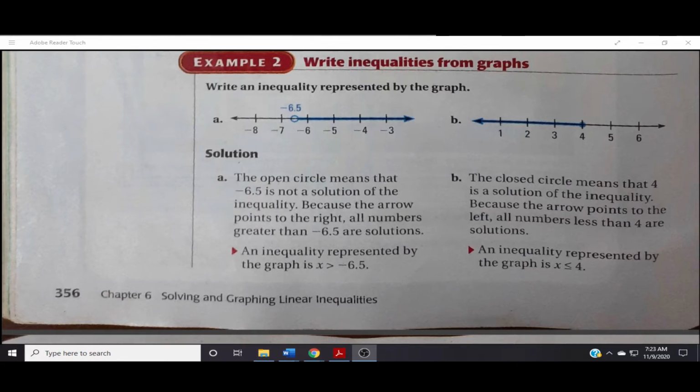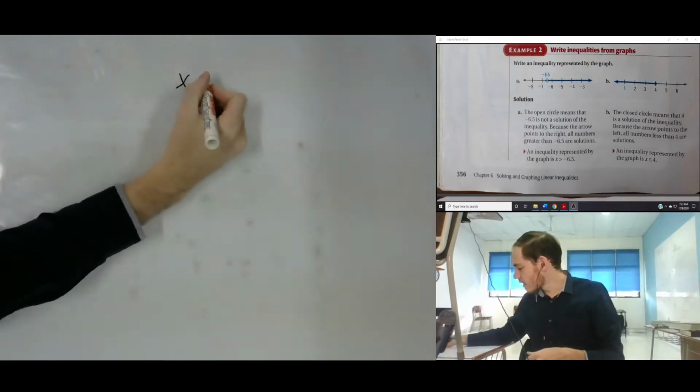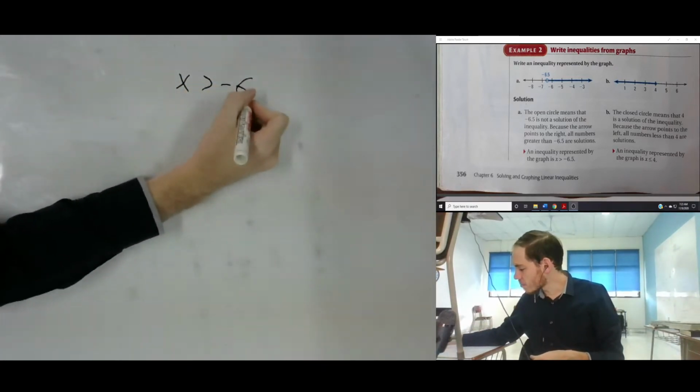It's not going to be equal to, but it's to the right, so it's greater than. So how we would write that is x is greater than negative 6.5.